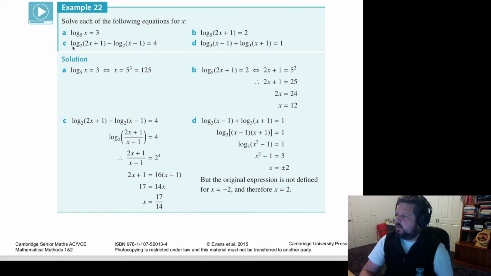Once you get it into this format, it's relatively straightforward to go and solve it from there. This one here, what we're going to do first of all is apply some of the log laws. Where you have the same base and we're subtracting, we know it's going to be the quotient rule for the logarithms.